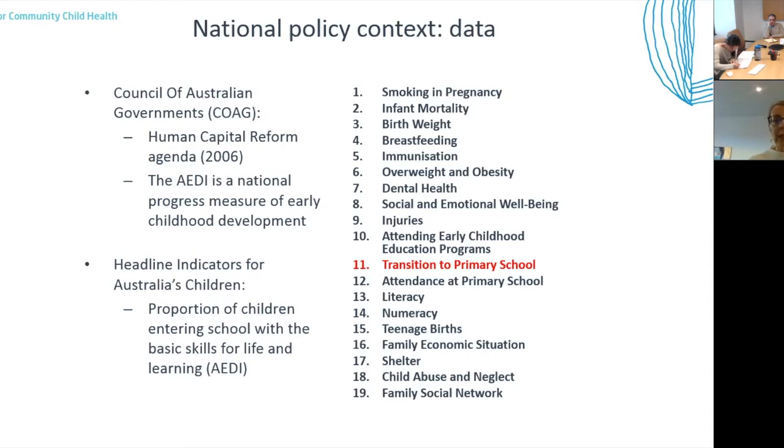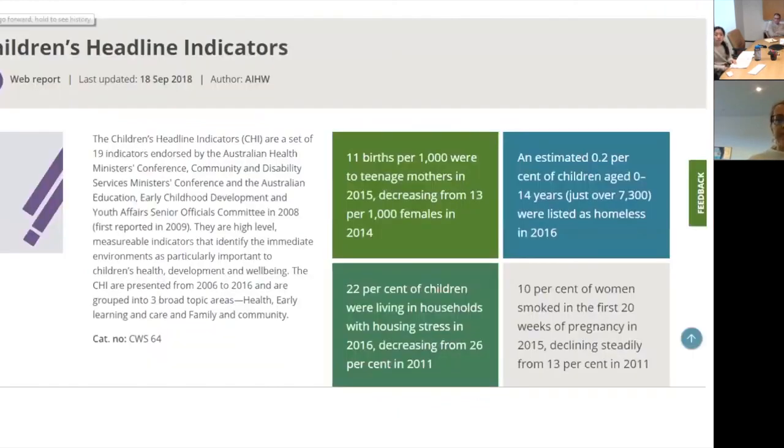And as I said, it was a moment in time when most of the states and territories were actually under a Labor government, which is our non-conservative government, and we were able to get this through, and there was a commitment that the EDI would be national. Just as a fast forward, that was back in 2006.